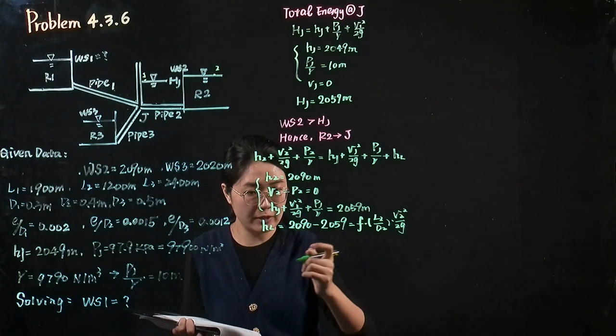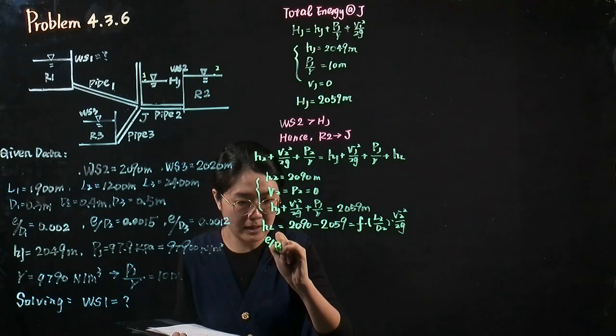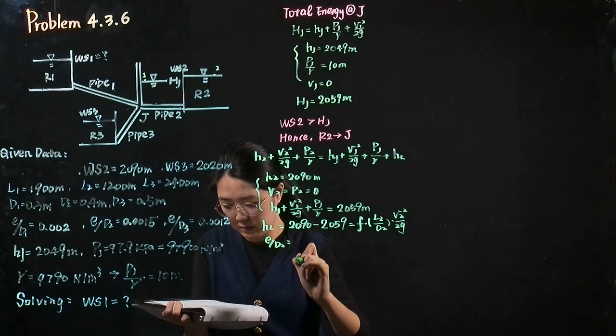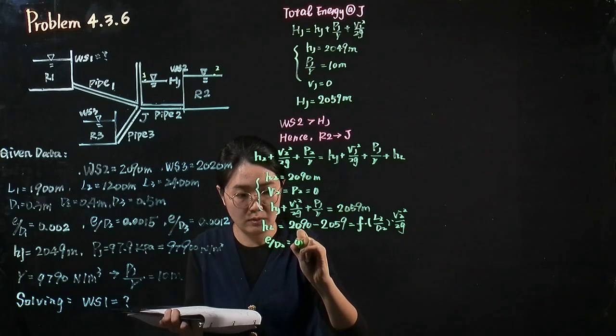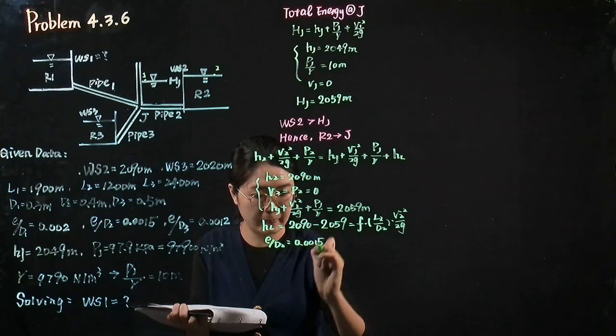To determine the friction factor, we know the relative roughness in pipe 2 equals to 0.0015.